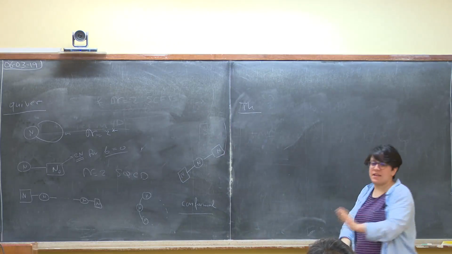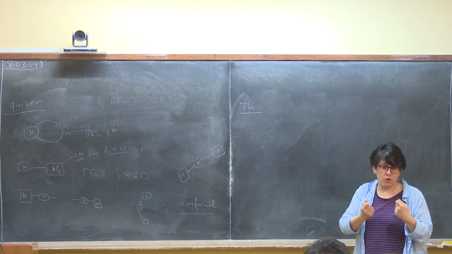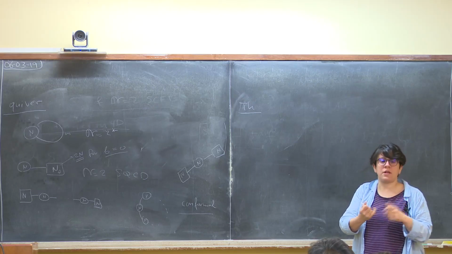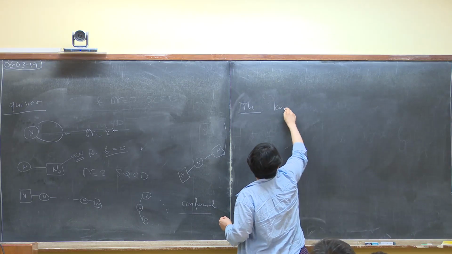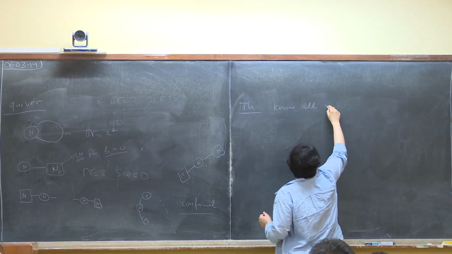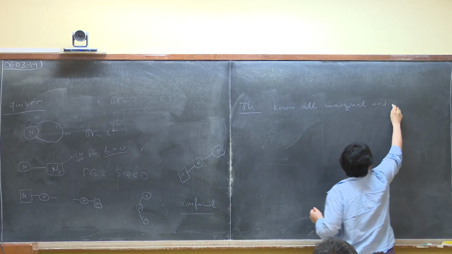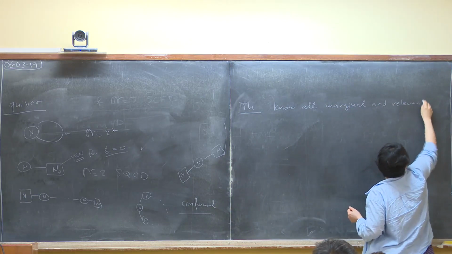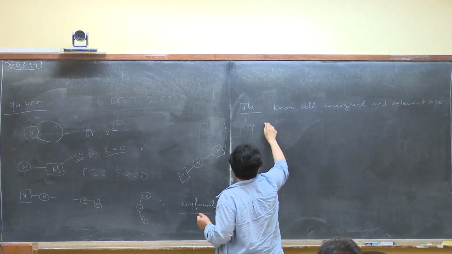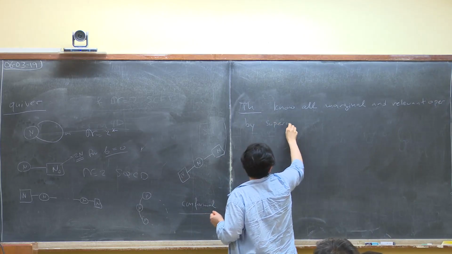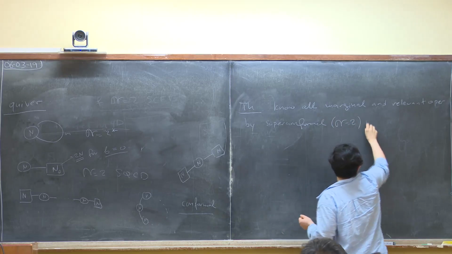So basically, if you know your representation theory for the N=2 superconformal algebra, you know all the possible marginal and relevant operators that you can write down. And let me write here N=2.